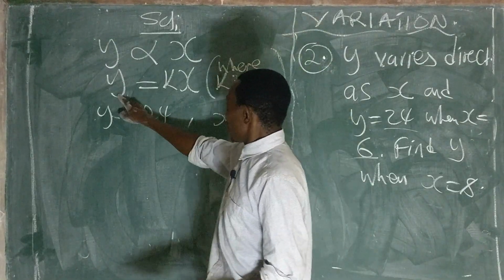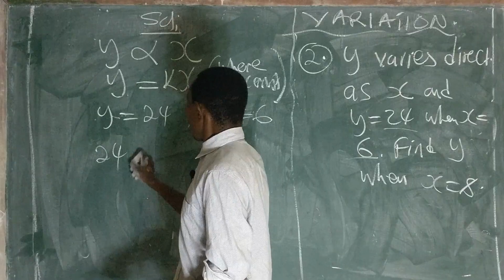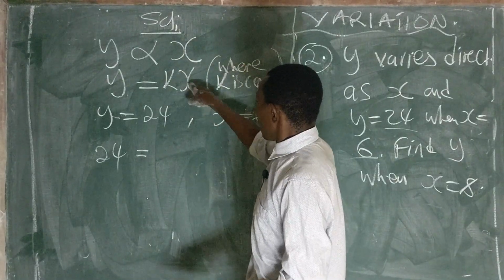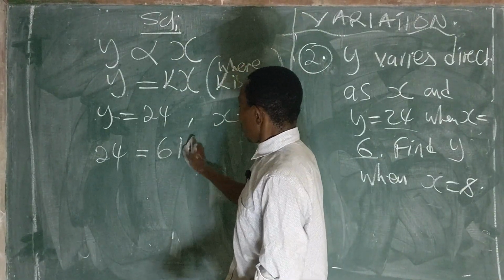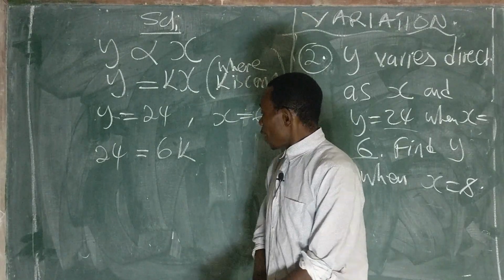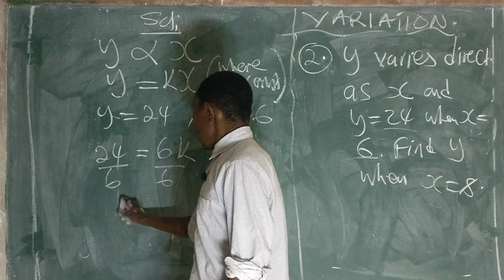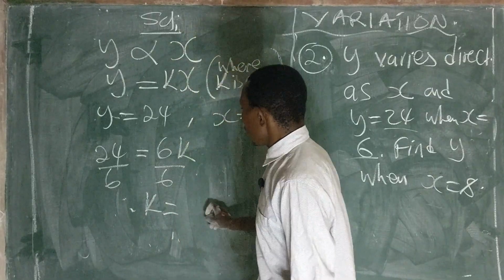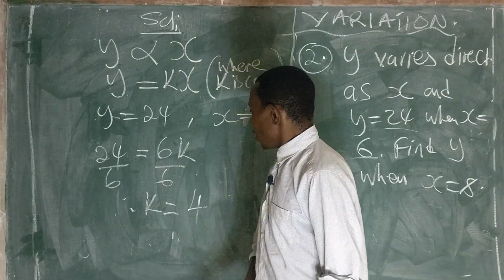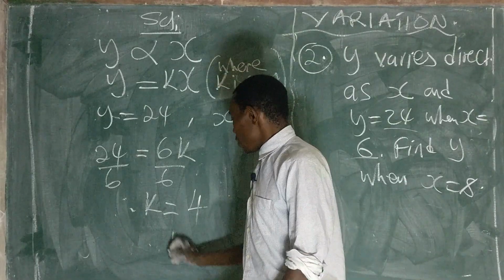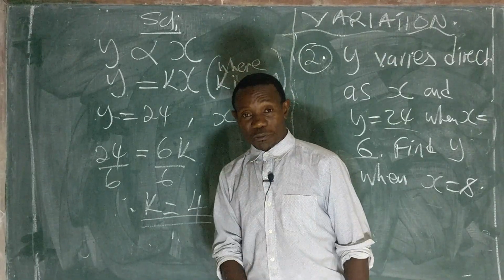Where there is Y, you write 24, and that is equal to 6 times K. Find the value of K: divide by 6, divide by 6, and you get K as 4. 6 times 4, that's 24. So it means the constant here is 4.